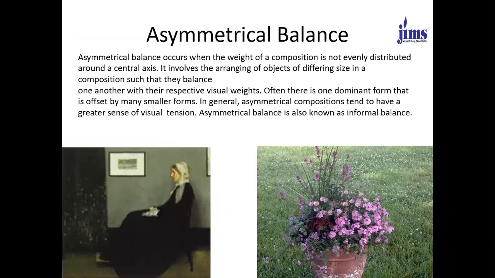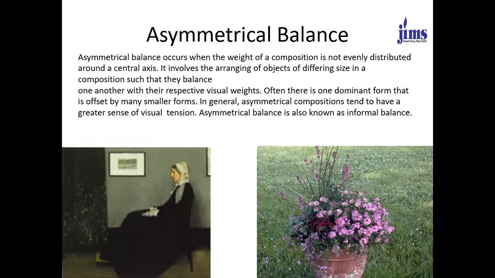Next is asymmetrical balance. We're talking about design, creative thinking, out of the box thinking. In that case, asymmetrical balance is one where visual weight is not equally distributed and still the design looks appealing and eye-catching, and you feel that this is something you would really like to see.